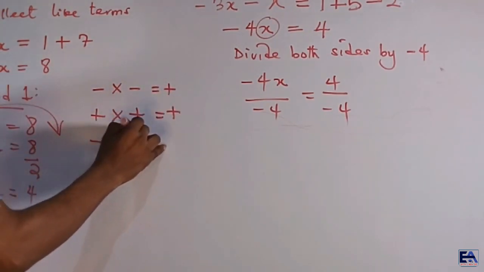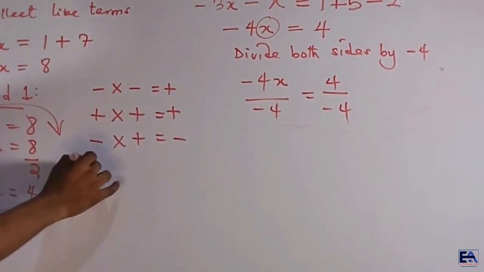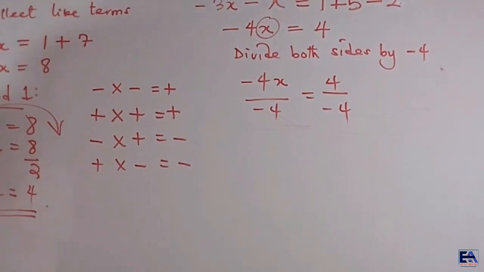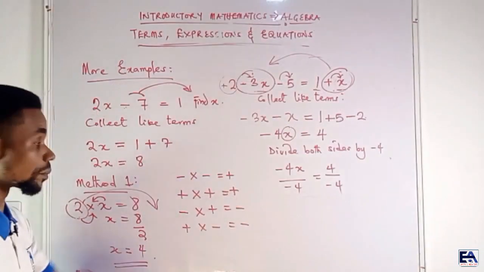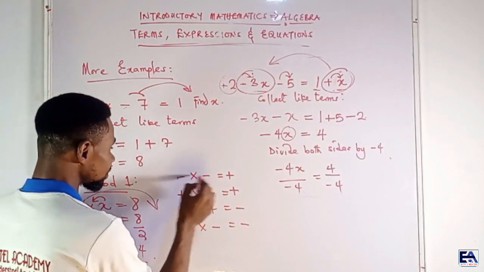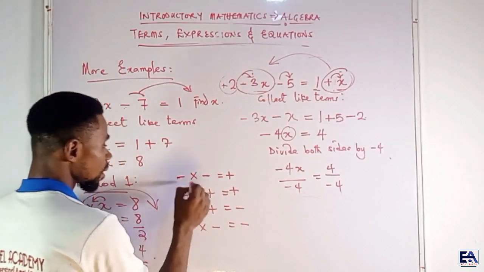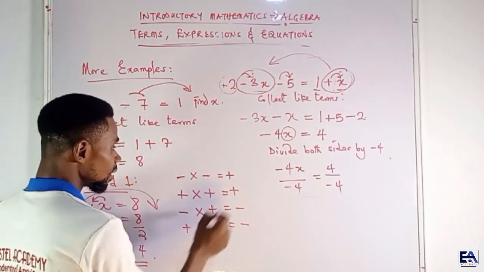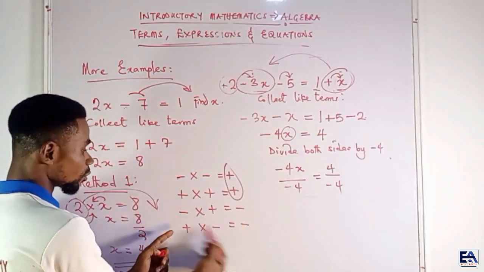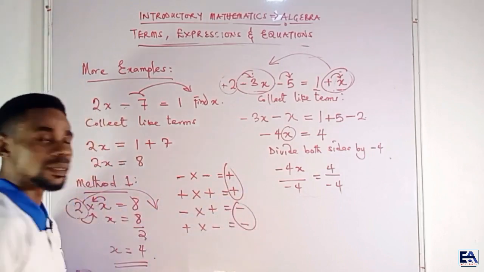Minus times plus equals minus, and plus times minus equals minus. Right? You don't need to cram it. You don't need to memorize all this. Just understand that when the same signs multiply each other, the result is always plus. But when different signs multiply, the result is always minus.